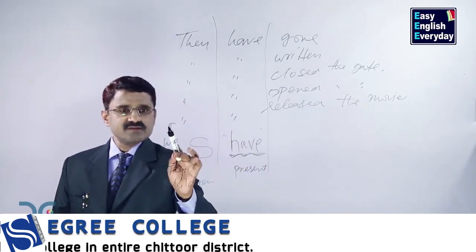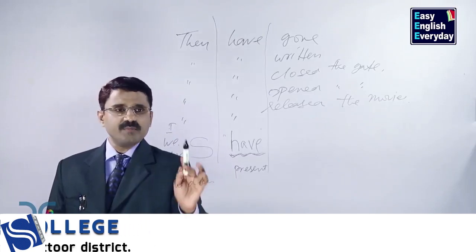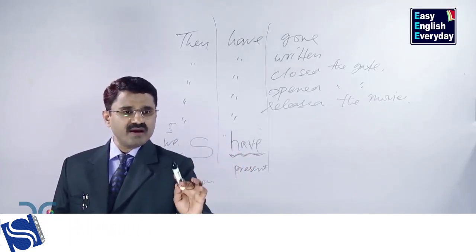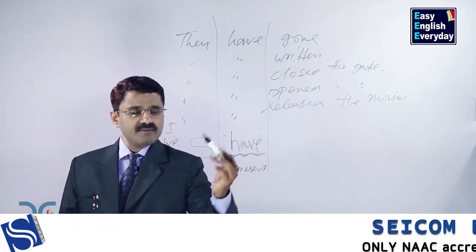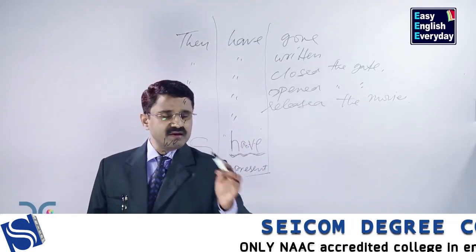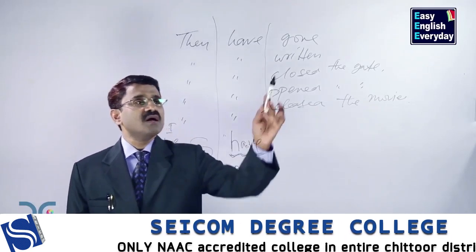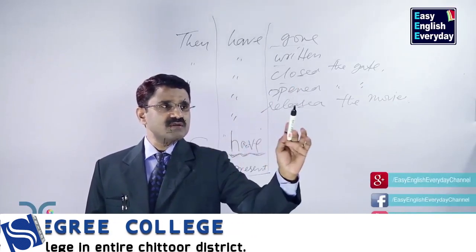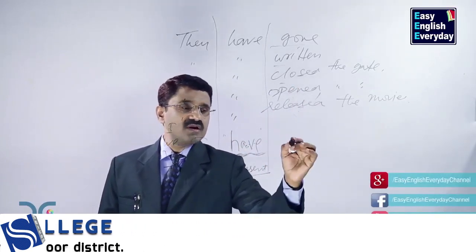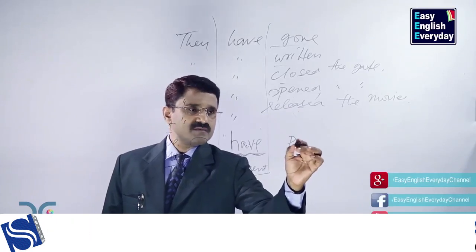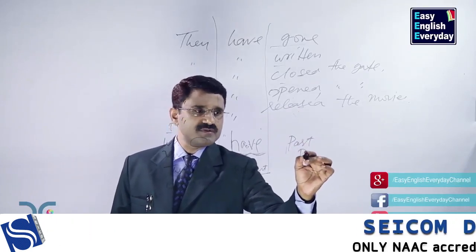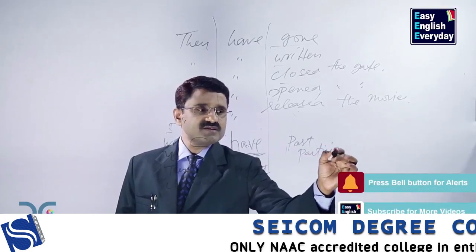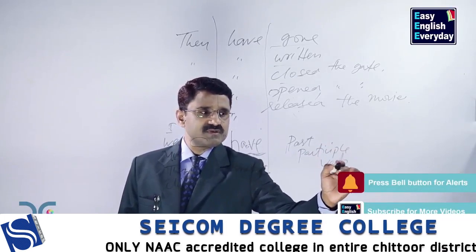So he likes to go with these 5 people, and it is used for present tense. Gone, written, closed, opened, released. These are called verbs, past participle verbs.